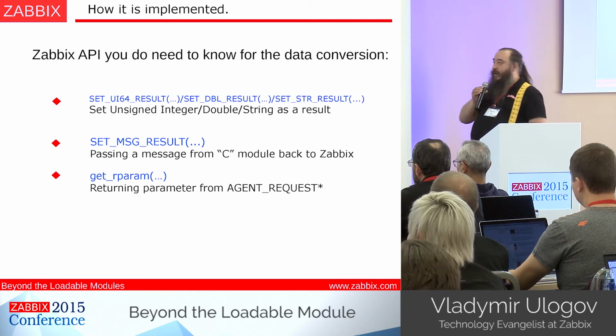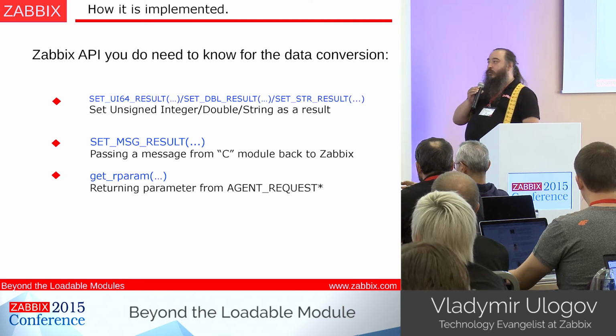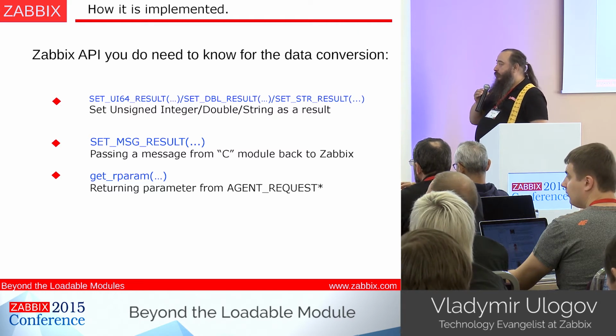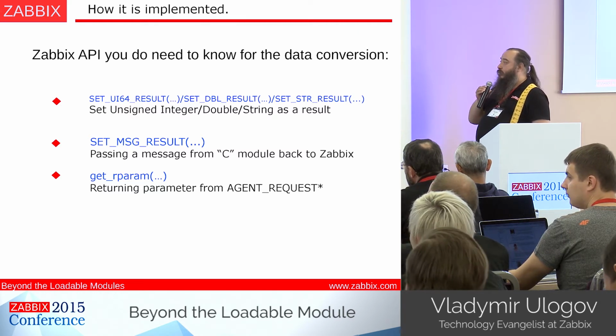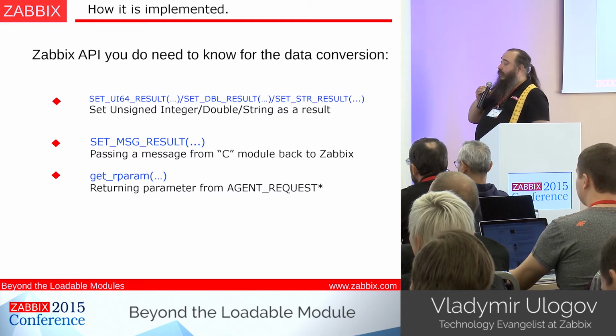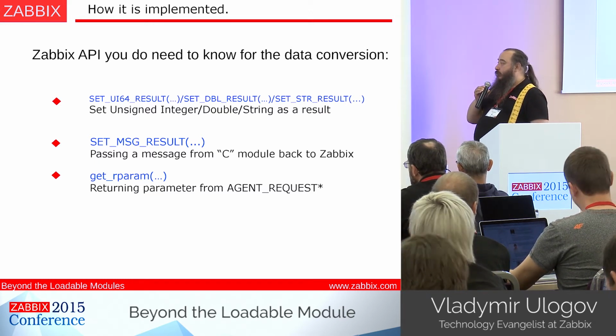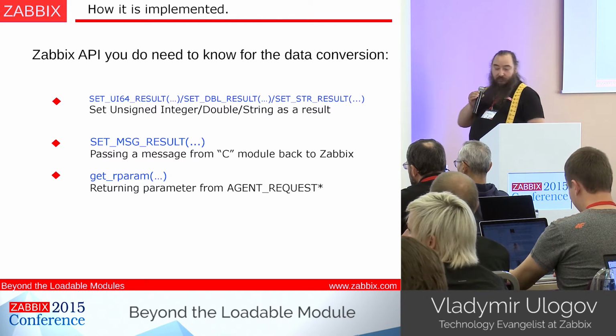If you want to pass any message from your code back to Zabbix, you're going to use SET_MSG_RESULT. And if you want to read the parameter which Zabbix passes to your code, you are going to use the get_rparam function.